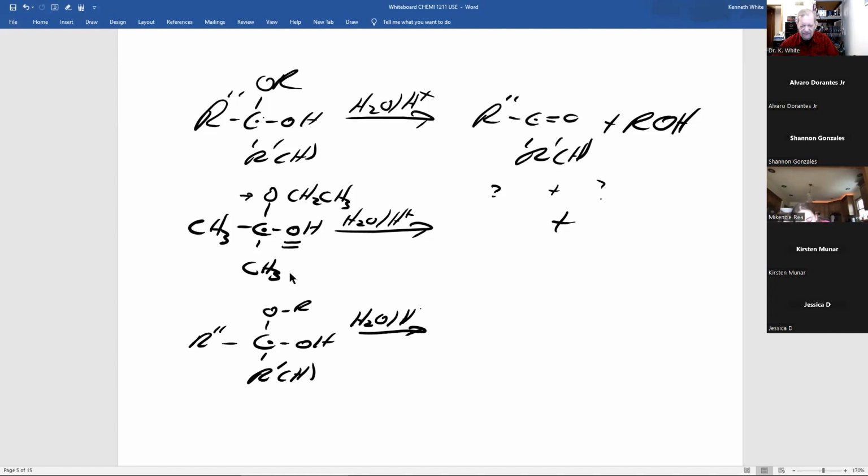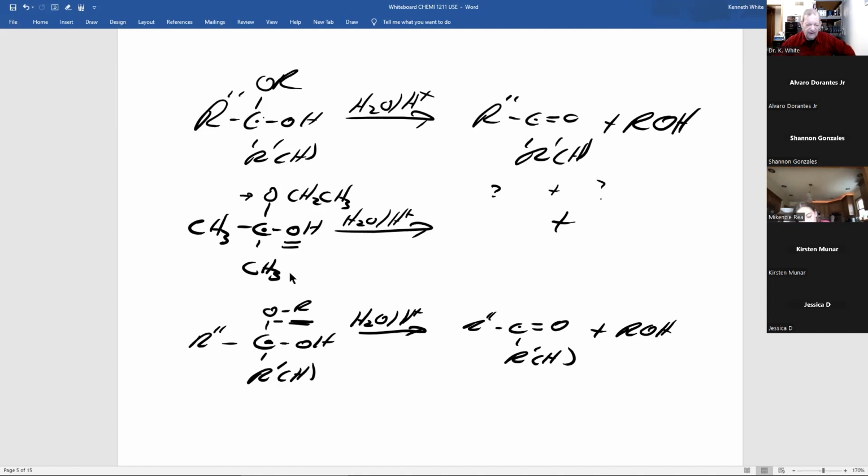Water, acid. Keep your eye on this carbon with two oxygens. It becomes my carbonyl. And you'll get an alcohol too from this right up here.